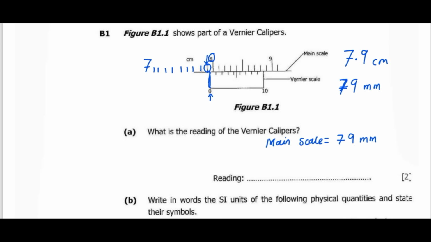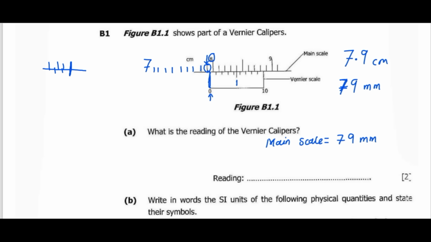Now on the vernier scale, there will be a line that will coincide. What this means is there is a line that meets with the line above it. There is one line; the remaining lines, you see that they are not connected. So that line that is coinciding is what we are interested in.